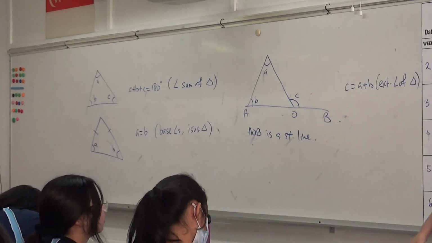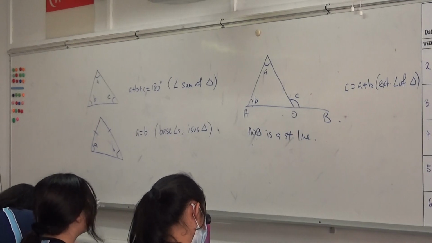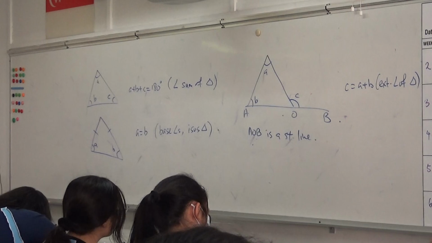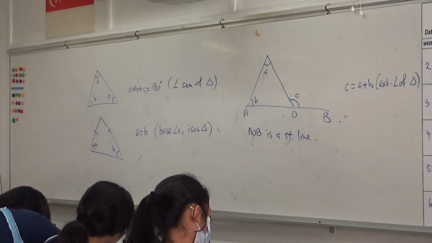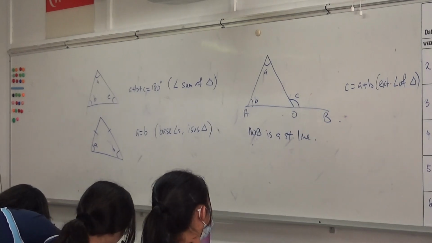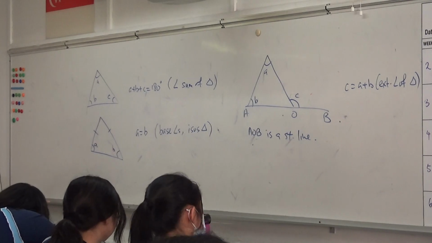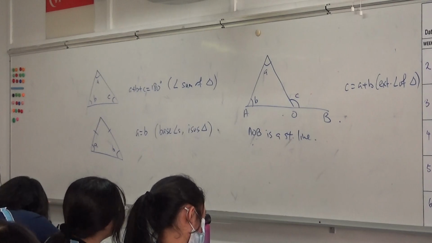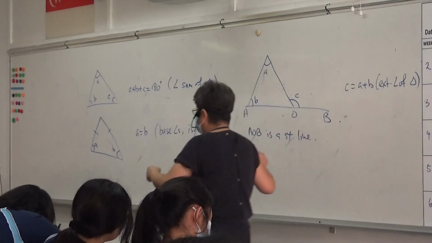I will tell you why later. So there are three properties that we have for triangles. Are we clear? Angle sum of triangle. What's the next one? Base angles, isosceles triangle, and the last one is what? Exterior angle of triangles.